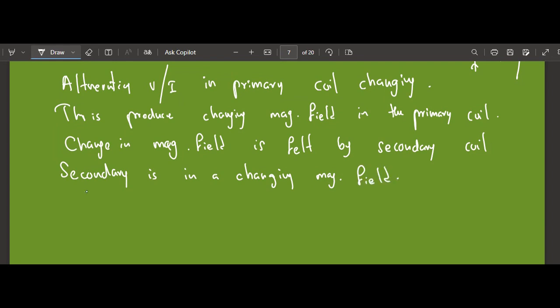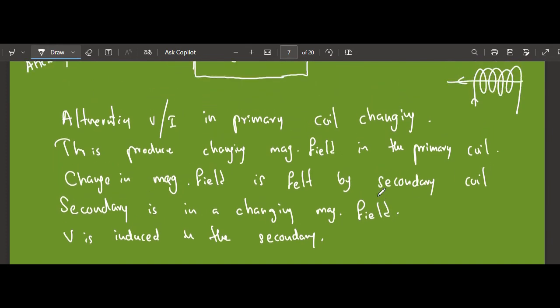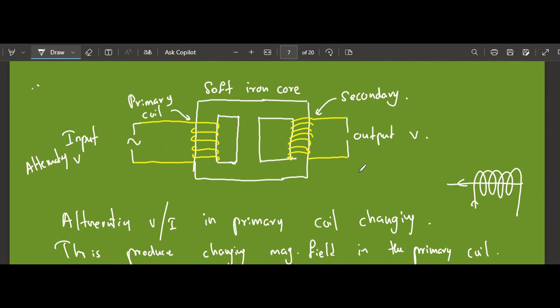Voltage is induced. So voltage will be induced in the secondary coil. Then that secondary voltage is what we take out as the output voltage. So there will be a current, and there will be a voltage output as well. Right? Is it clear, Liliana?